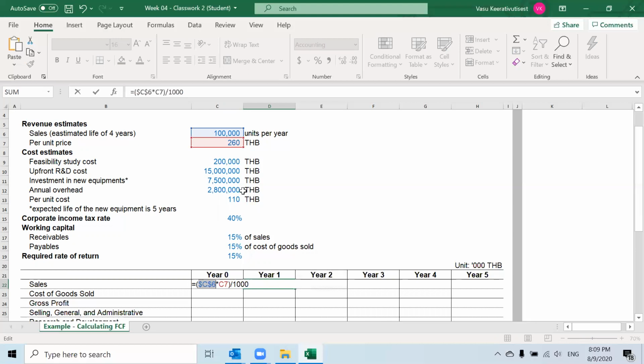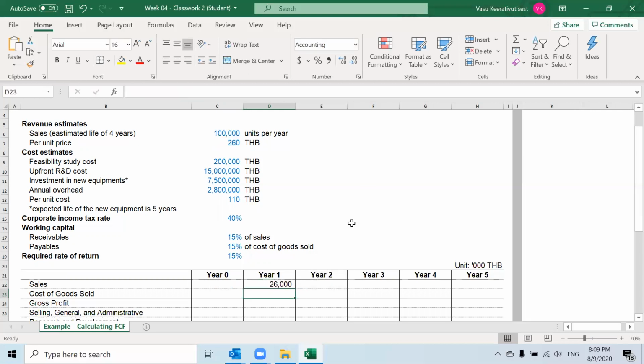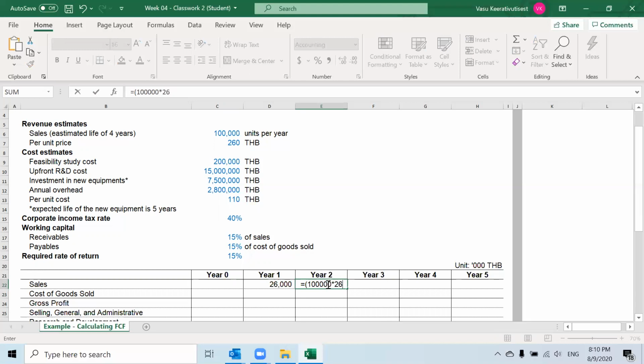It will lock the cell C6, and also C7. I usually see some of our friends do it like this: 100,000 multiplied by 260 and divided by 1,000. Okay, no, don't do it like this.